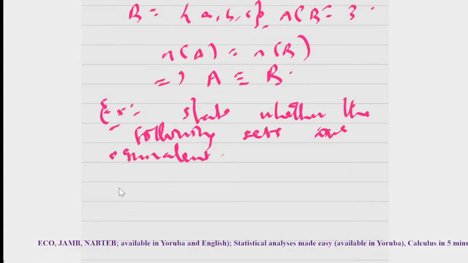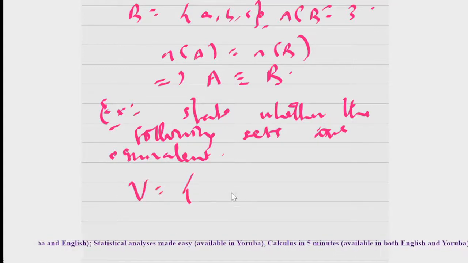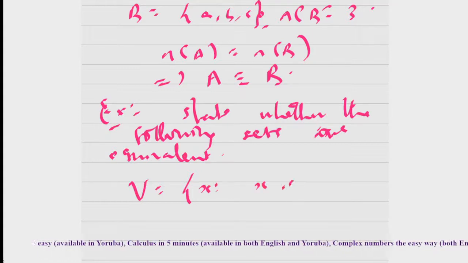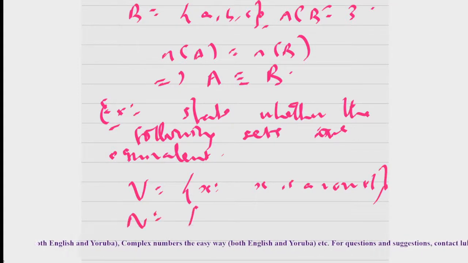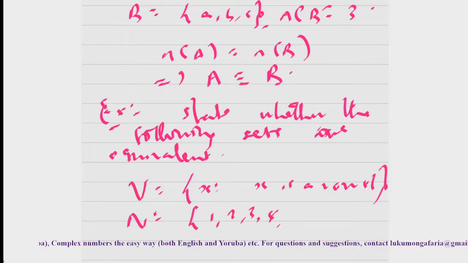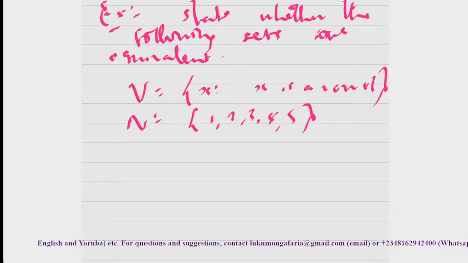Okay, now what are the sets? The first one is described in set builder notation. That is, a set V, which is {x : x is a vowel}, and then you have a set N, which is {1, 2, 3, 4, 5}. You understand now? It's not difficult to do at all.